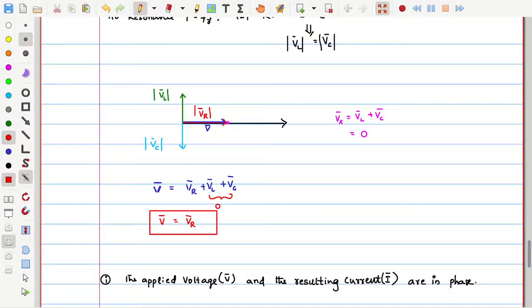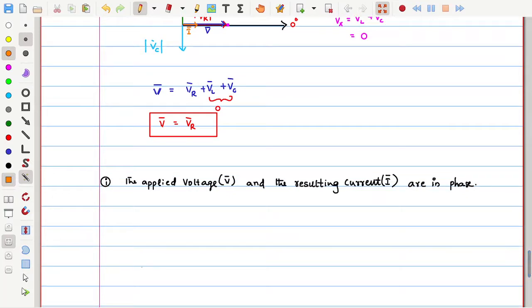See here, total voltage is lying on the 0 degree line, and the current is also lying on the 0 degree line. The current and voltage are both on the 0 degree line. That's why we call the applied voltage and resulting current in phase, under resonance condition. This is one of the important points.